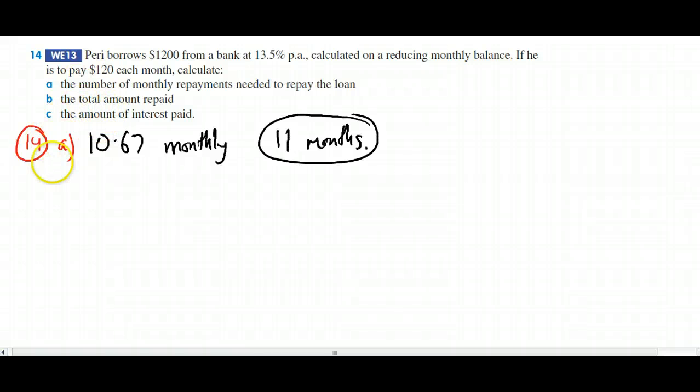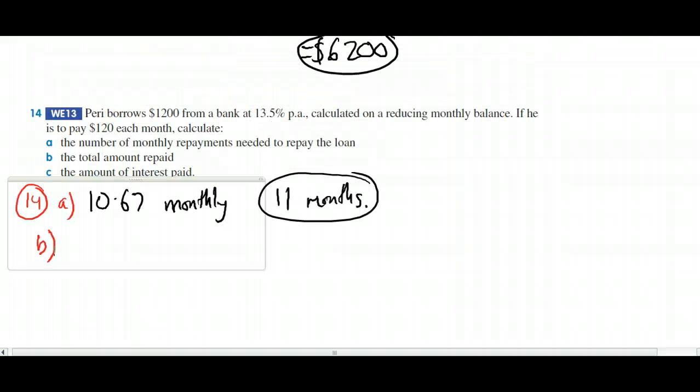In part B, the total amount repaid. Okay, so how much is Perry actually going to have to pay in order to pay all that off? Alright, well, when Perry's making his $120 monthly payments, we can see that after 10 of those payments, he's going to be up to $1,200.